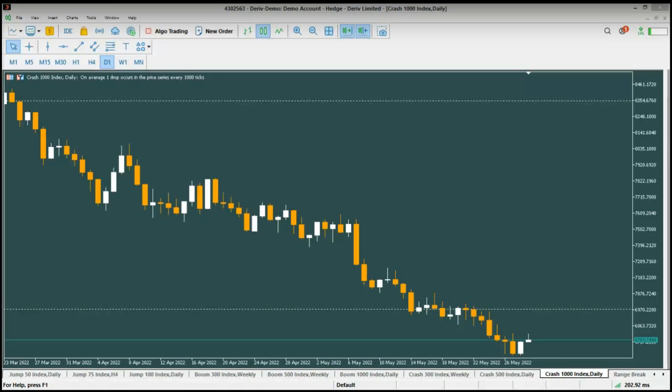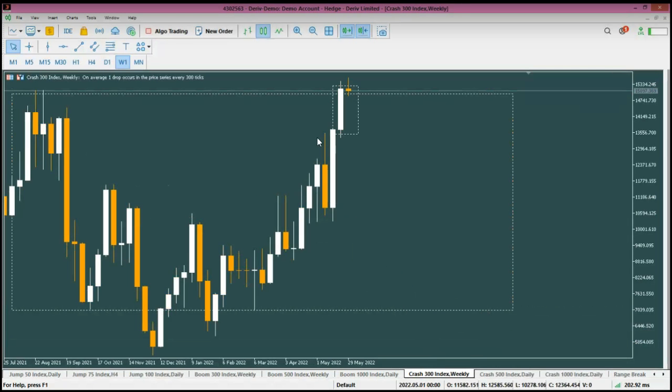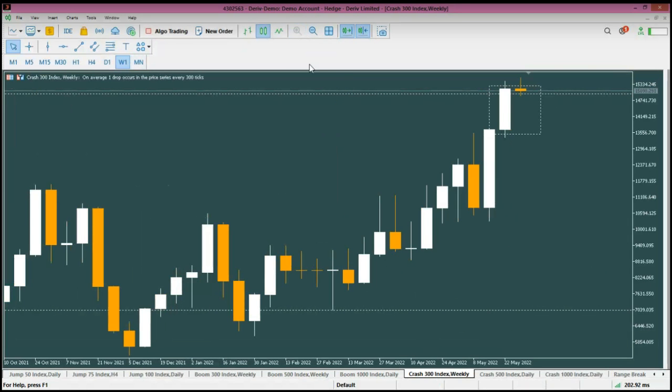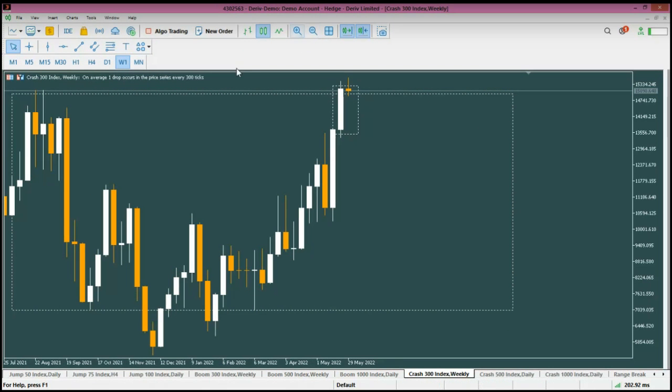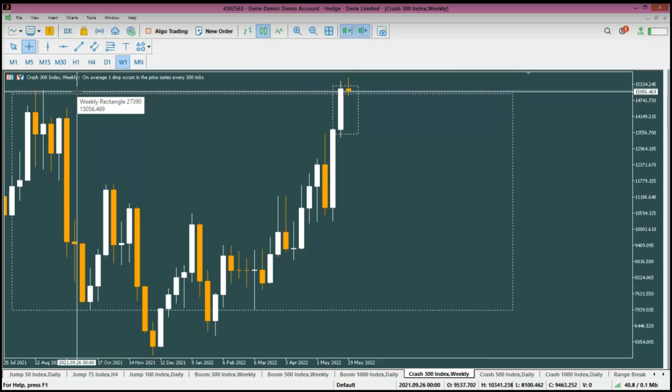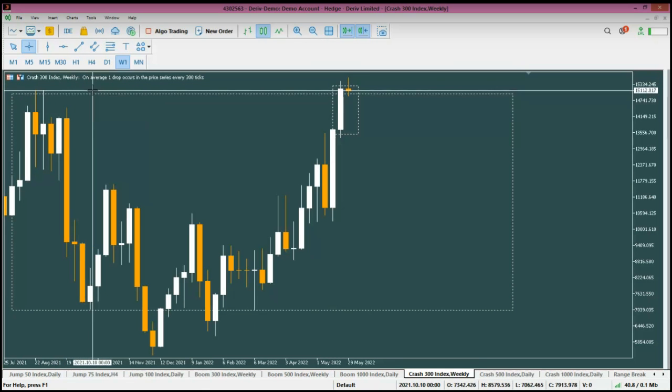Okay, all right. Let me just try to answer that one. J100. Oh, it's Crash 300, right? Yes, Crash 300. So on Crash 300, can you see my graph there on your screen? Yes, I can.